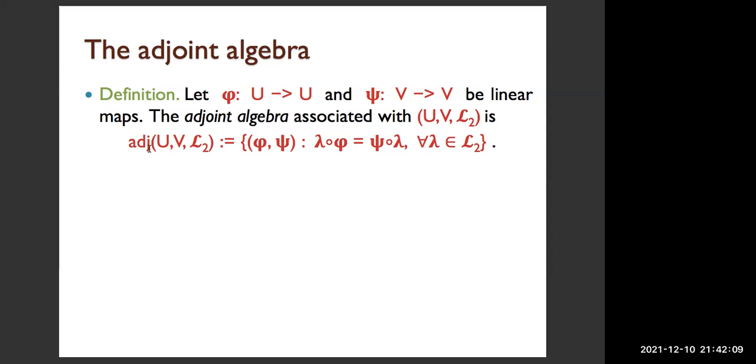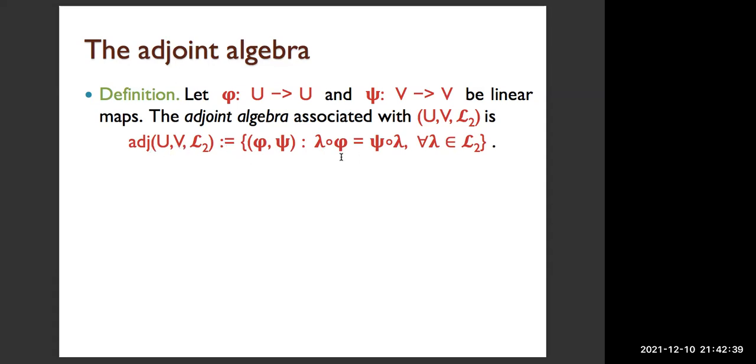Phi is a linear map from U to U. Psi is a linear map from V to V. You can think of them as matrices also, such that the following relationship holds. If you pick any operator lambda from L2, then lambda composed with phi will be equal to psi composed with lambda. If this holds, then you put such tuples phi and chi in this set adjoint UVL2, right?